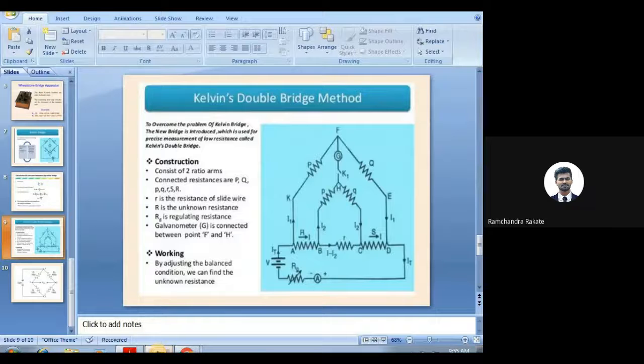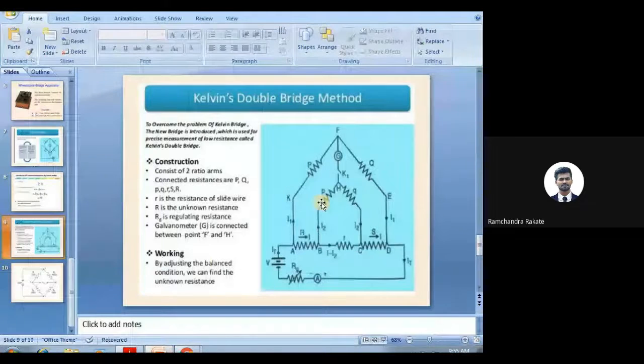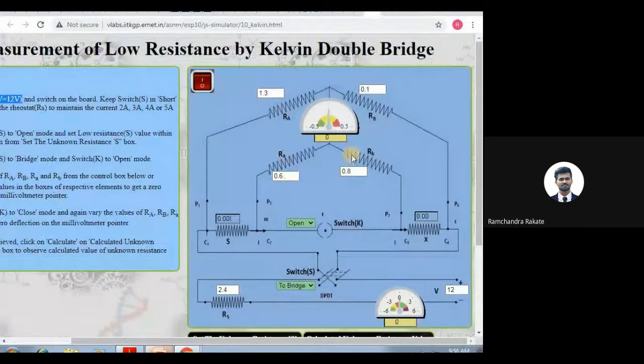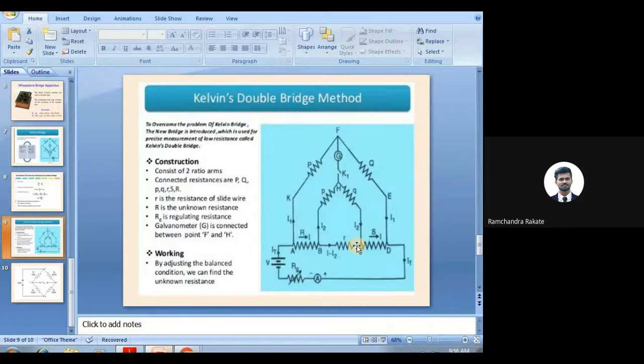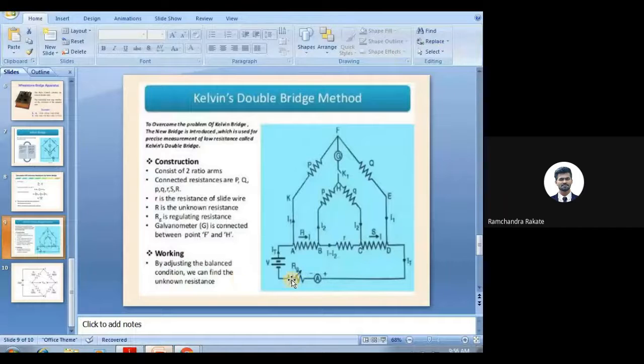So what have we seen? P and Q are nothing but RA and RB here. Small p and small q are nothing but small RA, small RB. Then we have the unknown resistance and the connecting resistance, that is S and X. Here we have the voltage and the current.